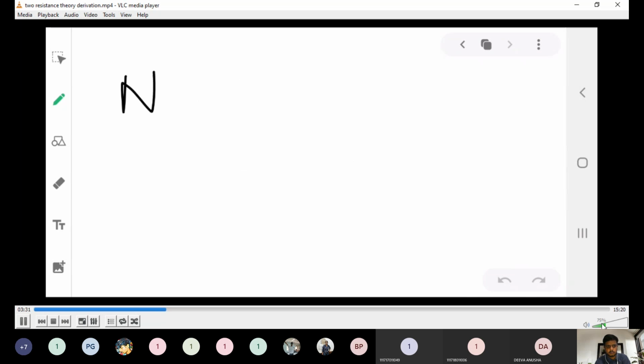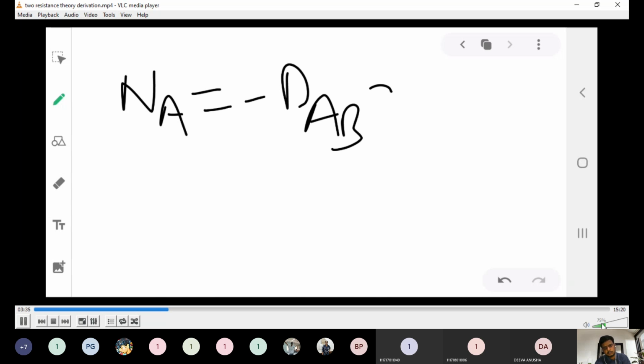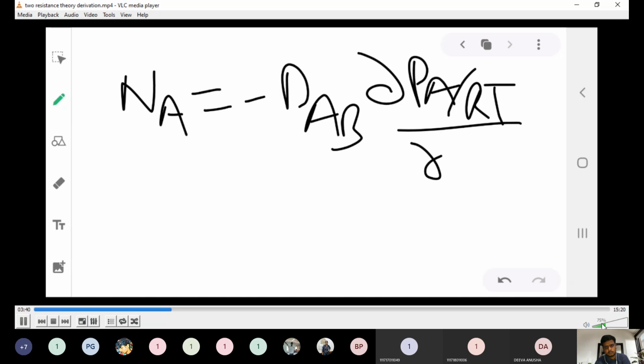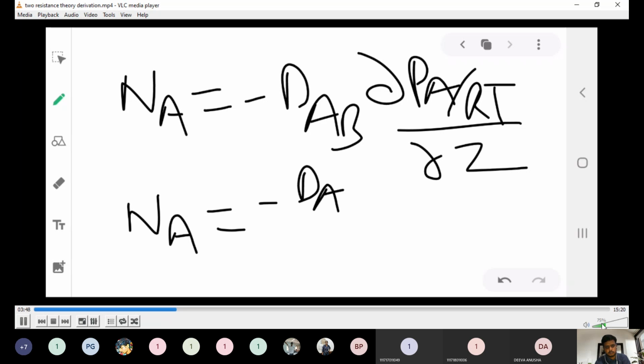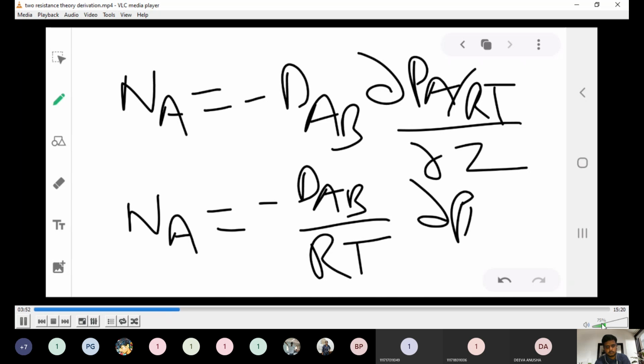So we can substitute in that formula: Na is equal to minus dAb dou Pa by RT by dou Z. Now RT is not a variable, it is a constant, so we can take it out: dAb by RT dou Pa by dou Z.